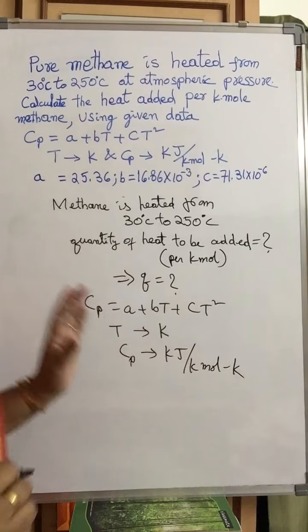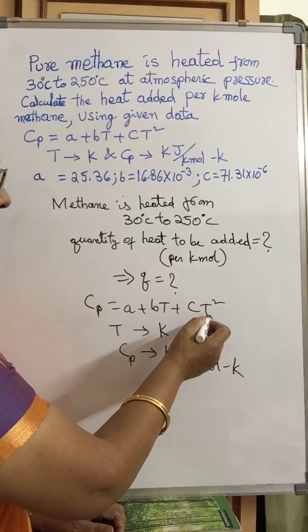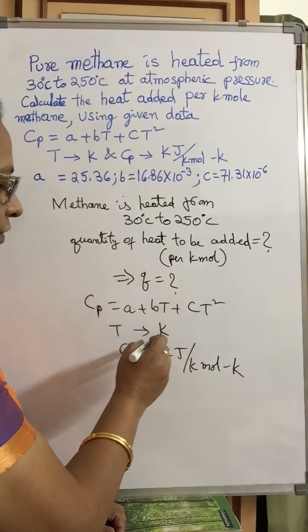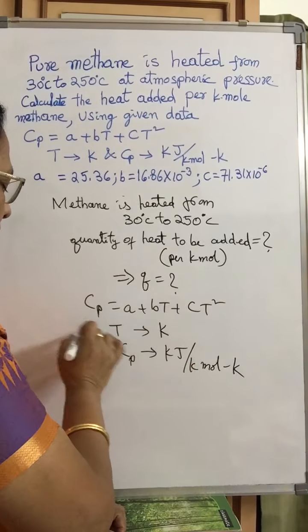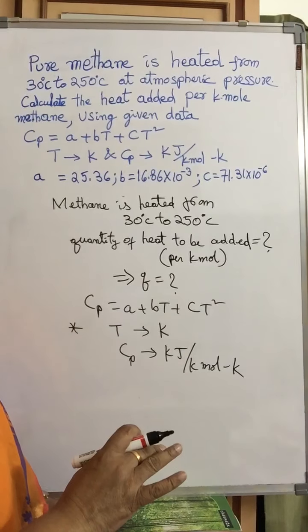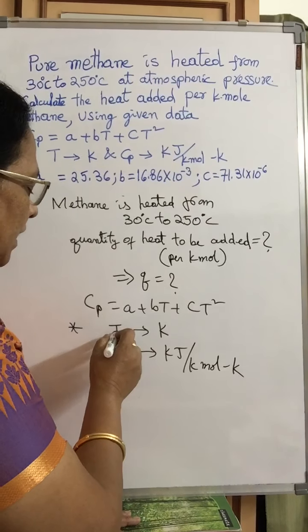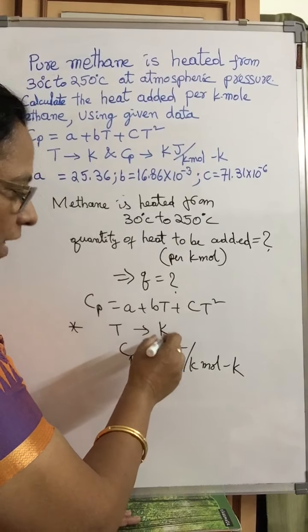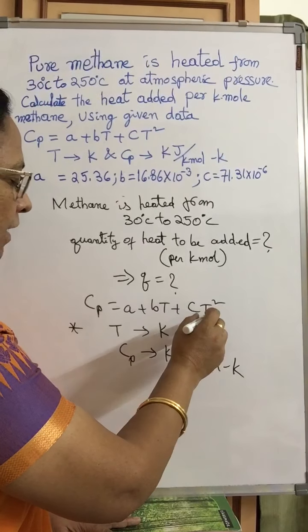So when you substitute the T value, you need to substitute only in Kelvin. You cannot substitute in degree centigrade or any other unit.